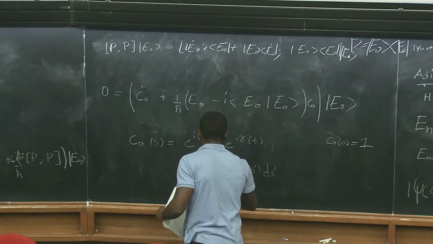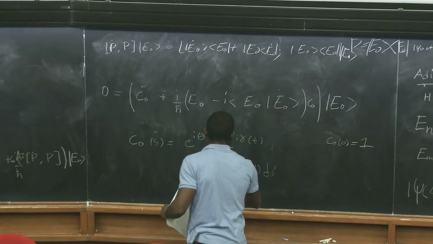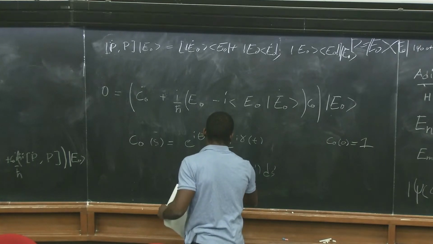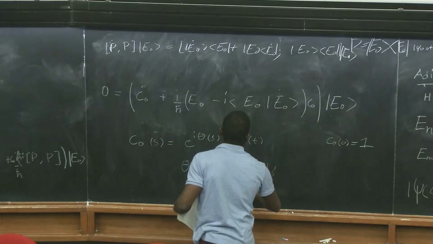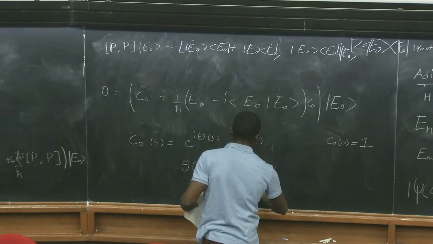And gamma is going to be the integral of I0 is 0 dot.